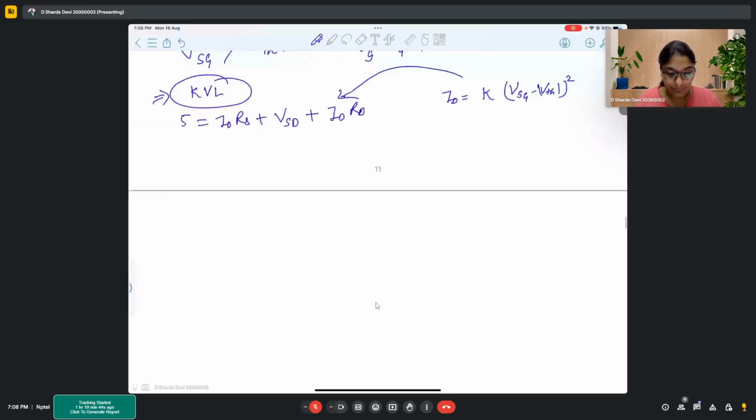So how much is this value? So VSG comes out to be 6.18.